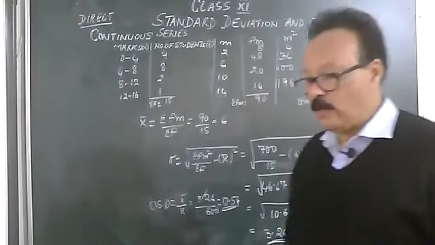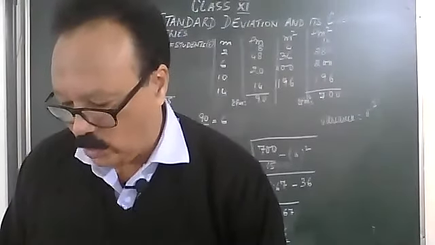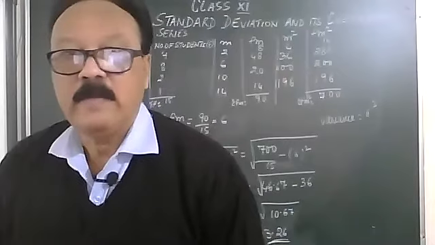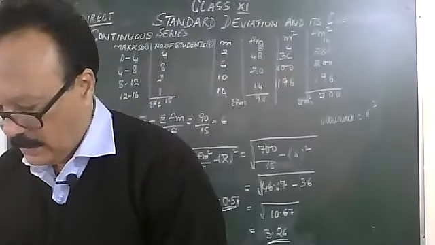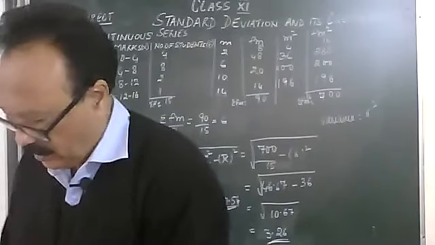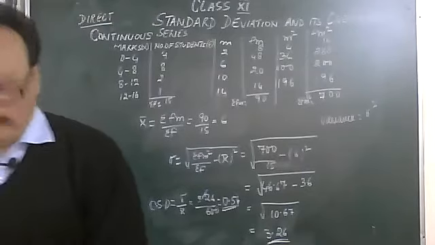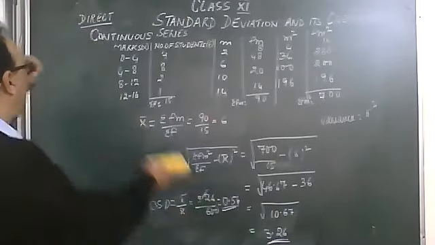Now I'll give you one more question, and I wish you can do it. Of course, I will be there to help you. But let us take another question. Can you write down the question? Can I wipe out this board?